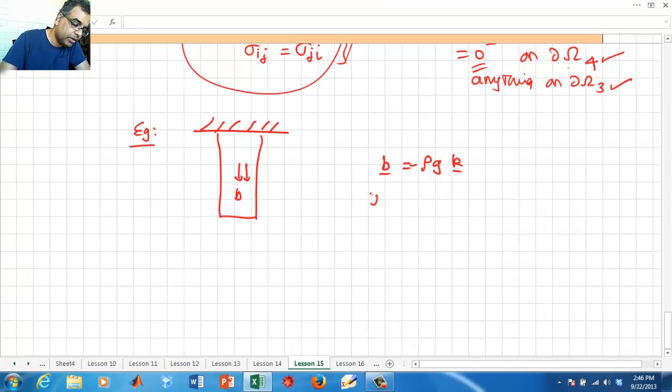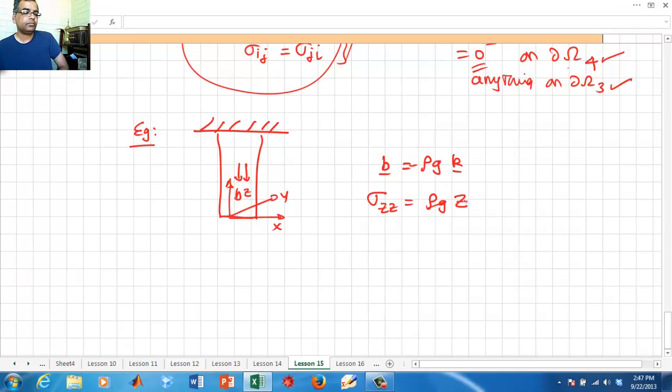So I'm going to put sigma zz. Remember, z goes from here and it goes x and y like that. So sigma zz equals rho g times z. All other sigmas are 0.